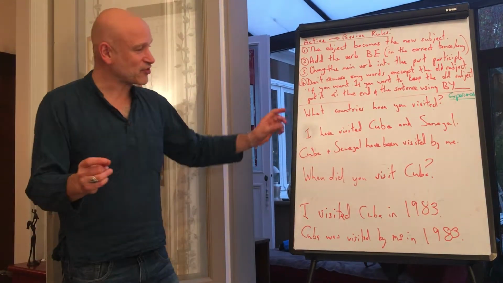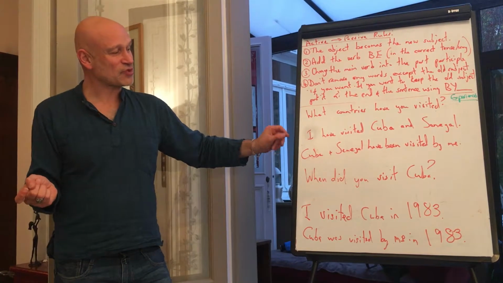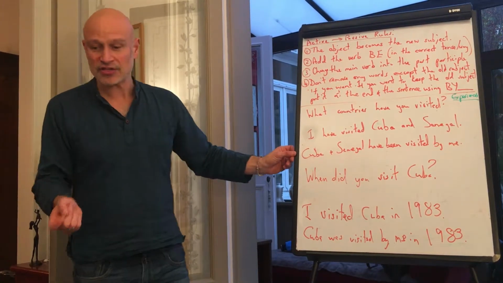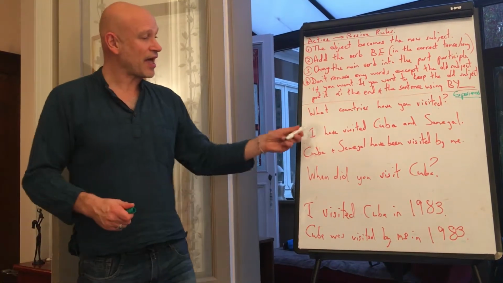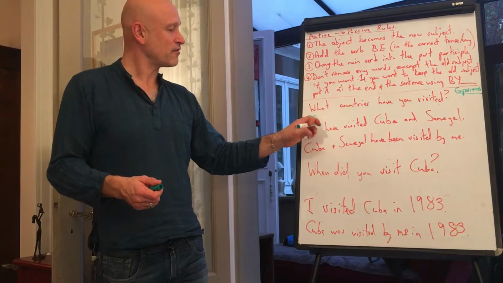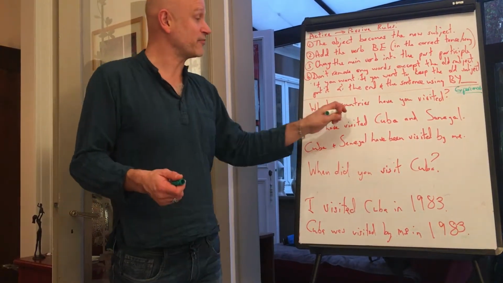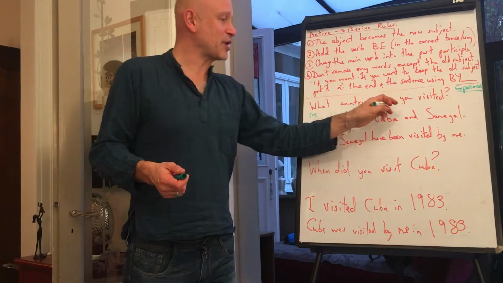And just out of curiosity, we also changed the answers from active to passive. So just very quickly to go through that, I have visited Cuba and Senegal: subject, the main verb, here it is, and the object of the sentence.